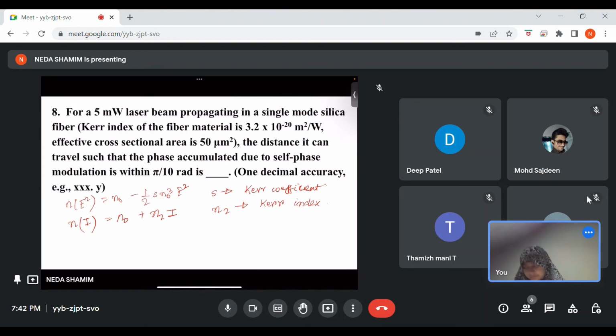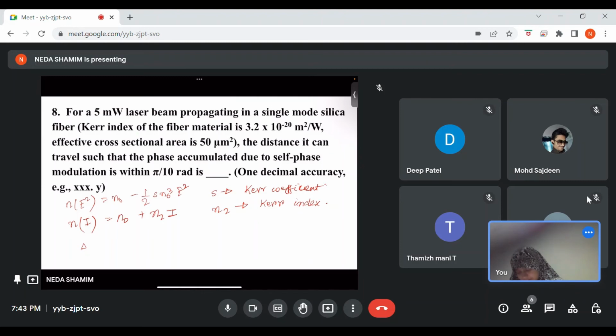Okay. Now, what is the formula for the change in the phase? This is called self-phase modulation. The change in the phase is dependent on the intensity of the light.